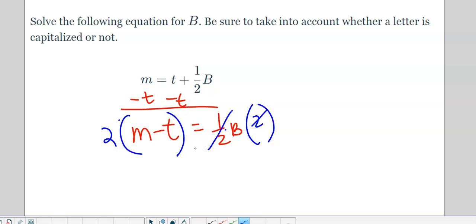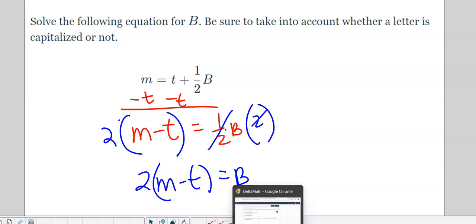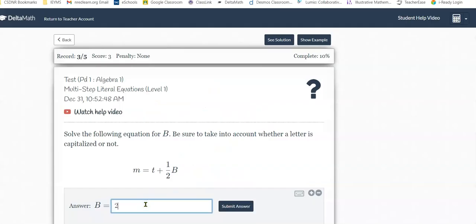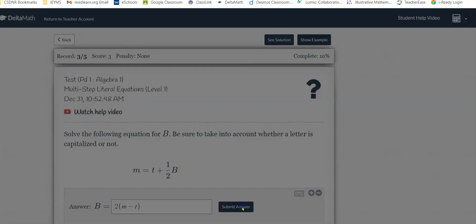That eliminates my fraction 1/2. So I'm actually not going to distribute. I'm going to leave it as a quantity. But you could write 2m minus 2t. You could write that, but I'm just going to leave it as 2 parentheses m minus t.